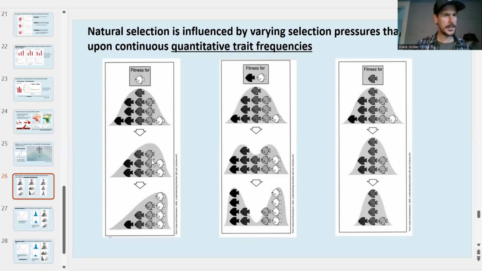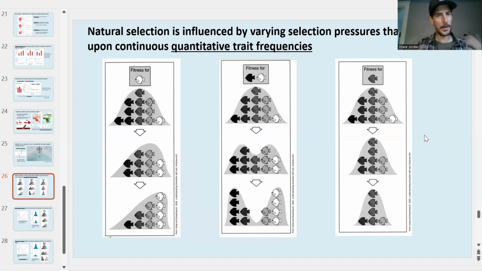And we have these three contrasting scenarios where selection's either favoring one extreme type of trait, perhaps the light colored fish, or maybe natural selection's favoring the two extremes. So really dark colored fish are favored and really light colored fish are favored, but the intermediate forms are not favored. Or in contrast, yet again, situations where very much the intermediate trait is being favored.